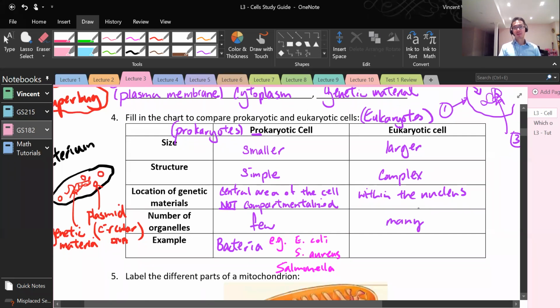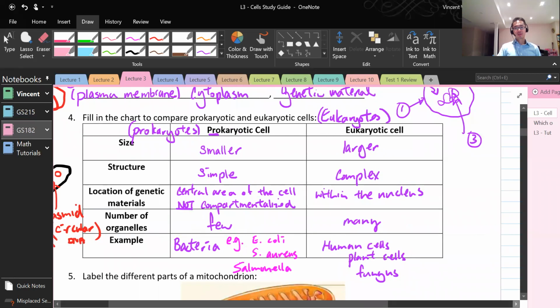We learn a bunch in this class, right? The ribosome, the mitochondria. We'll talk about all that. Examples: human cells, plant cells, fungal cells. All these things are eukaryotic cells.